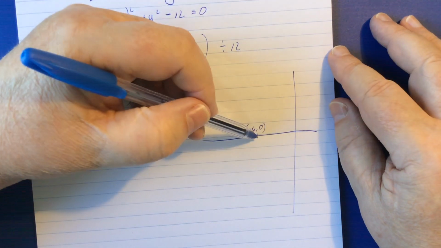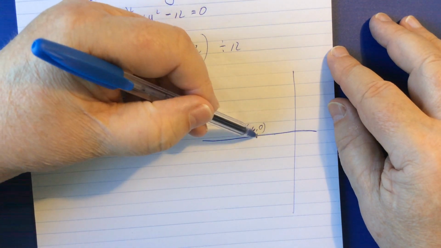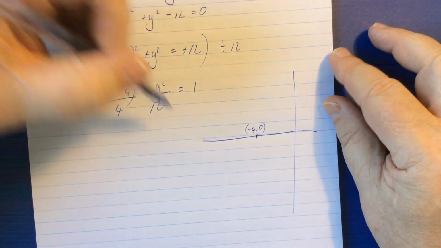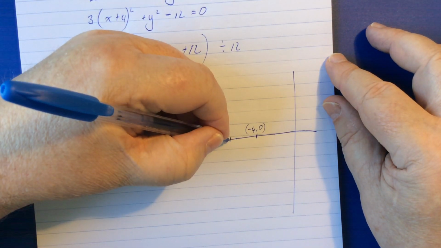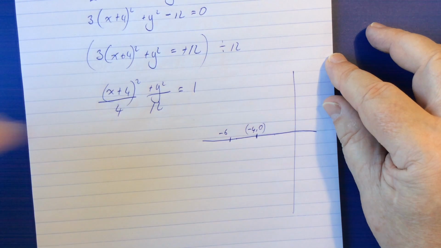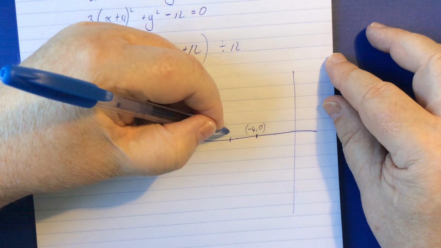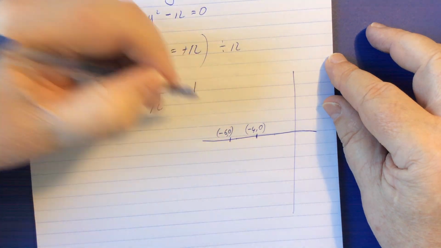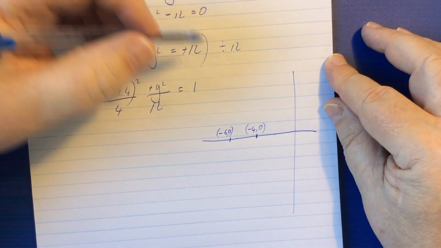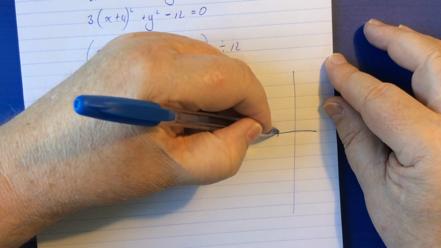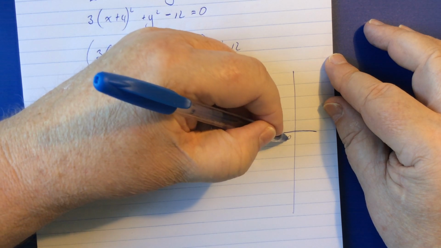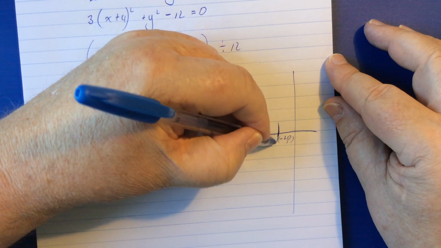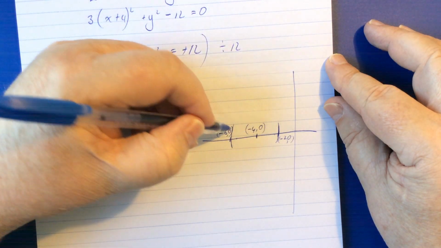Now, the distance from here to here and here to here is the square root of this. So this point here is negative 6, 0. I hope you can see that. This is very poorly sketched, and this point here is negative 2, 0. So we know that the ellipse passes through those 2 points.